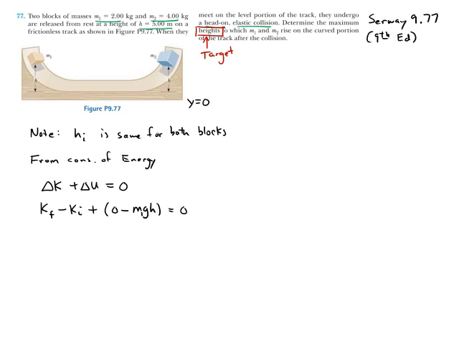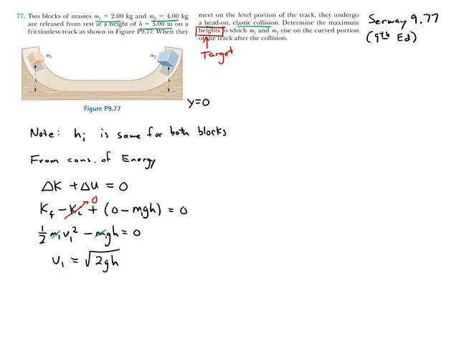Equals 0. The initial kinetic energy is 0. And so I've got here 1/2 m1 v1 squared minus mgh is equal to 0. And this is the well-known thing, the m's cancel, right? And I end up with v1 equal to the square root of 2gh.